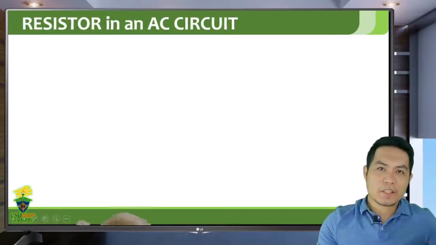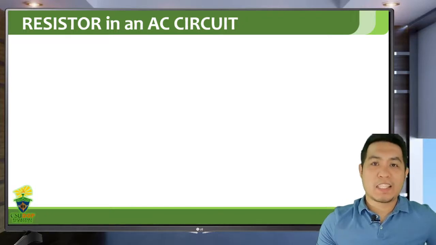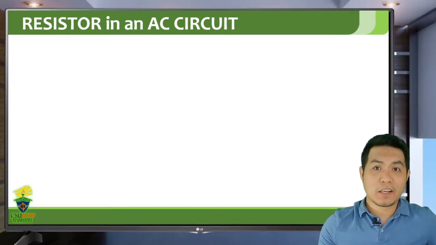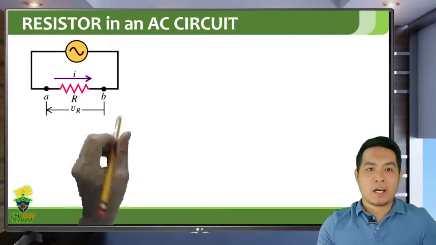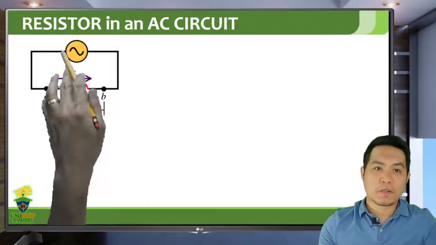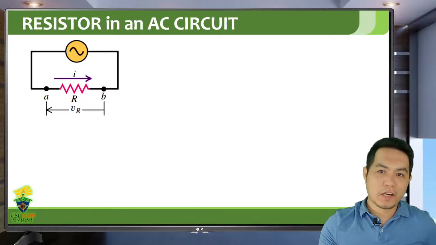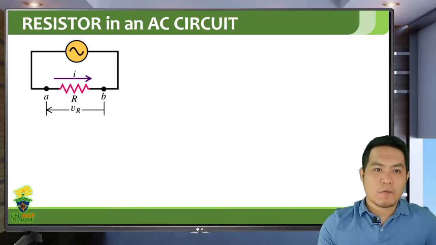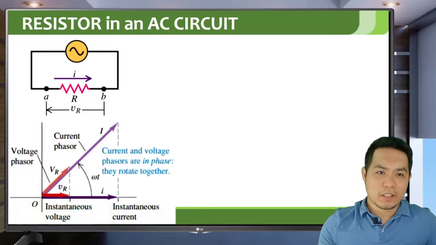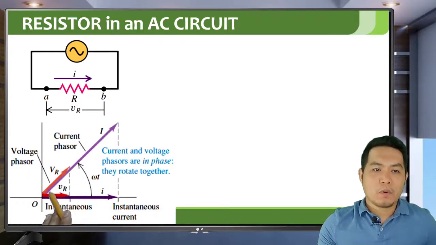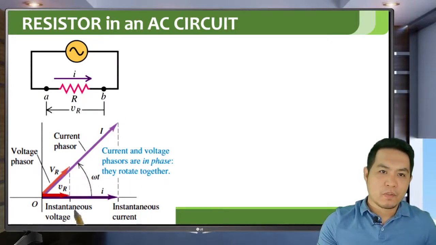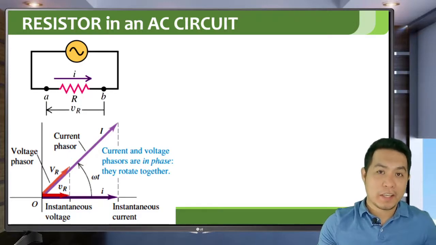So let's first start by putting a resistor in an alternating current circuit, a circuit where the voltage source or the power source is alternating between positive and negative values. If you have a resistor in an AC circuit, the voltage phasor and the current phasor alternate in the same phase.